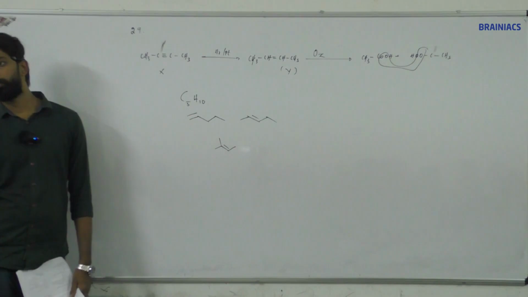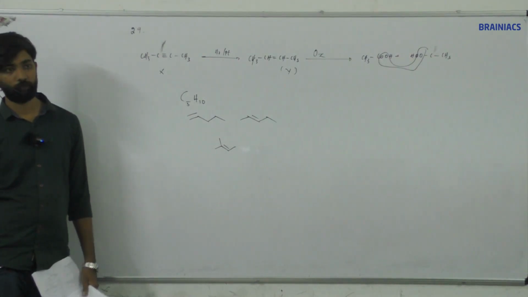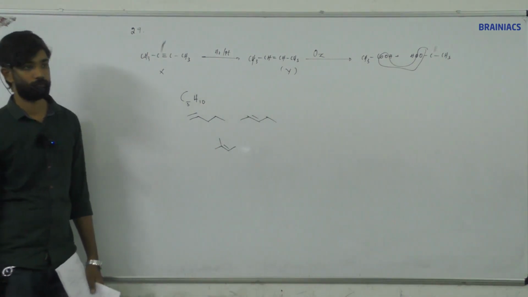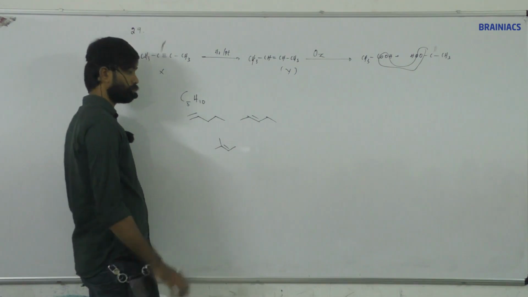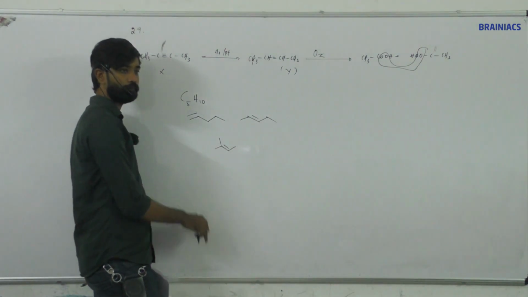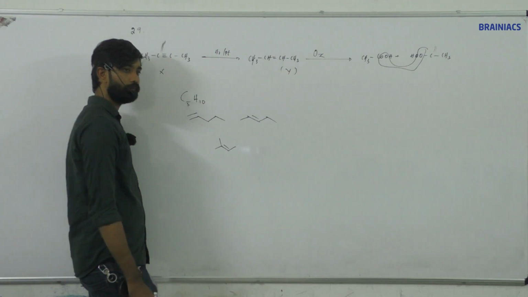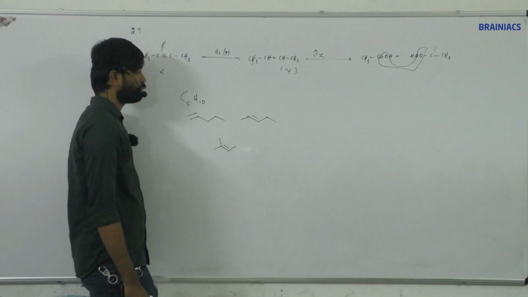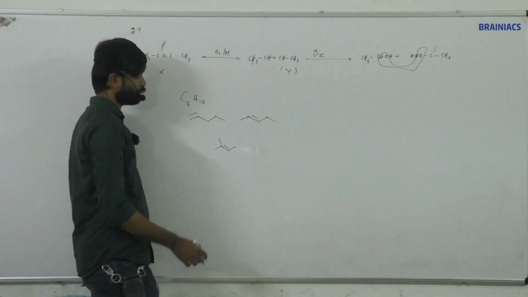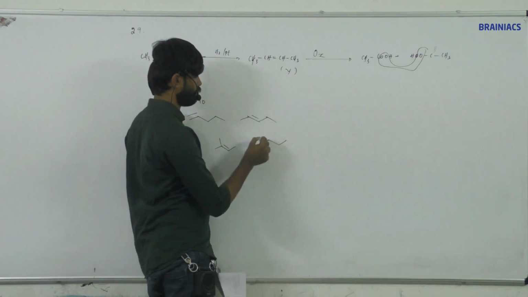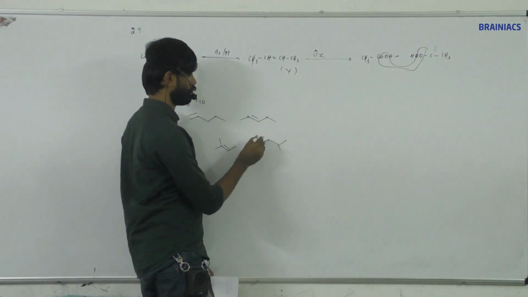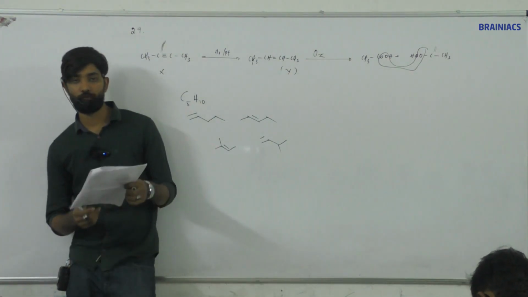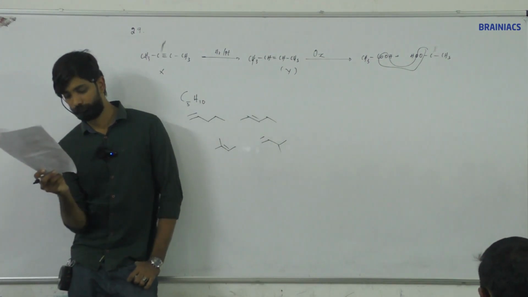How many pentenes are there? Okay, pent-2-ene, they are monosubstituted. Ready? This is 2-methylbutene. Is there any other possibility? These all are alkenes of formula C5H10.